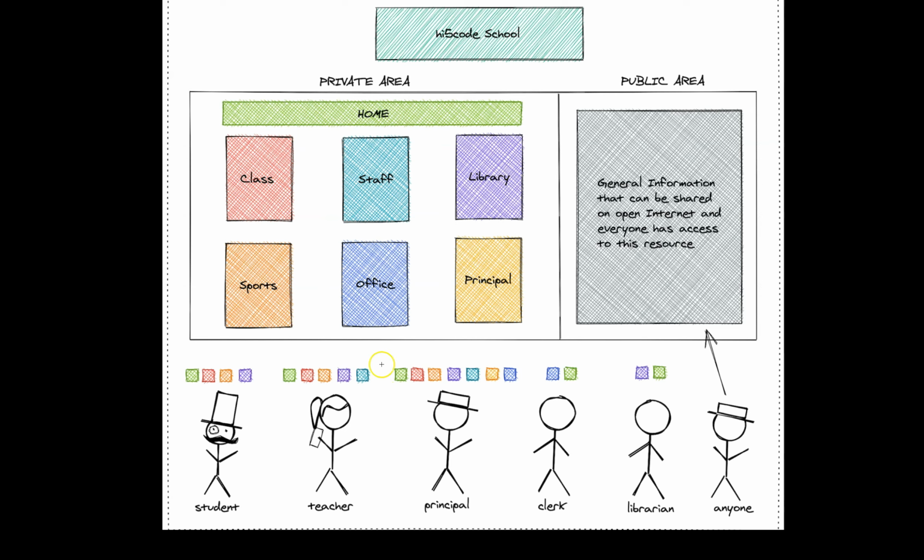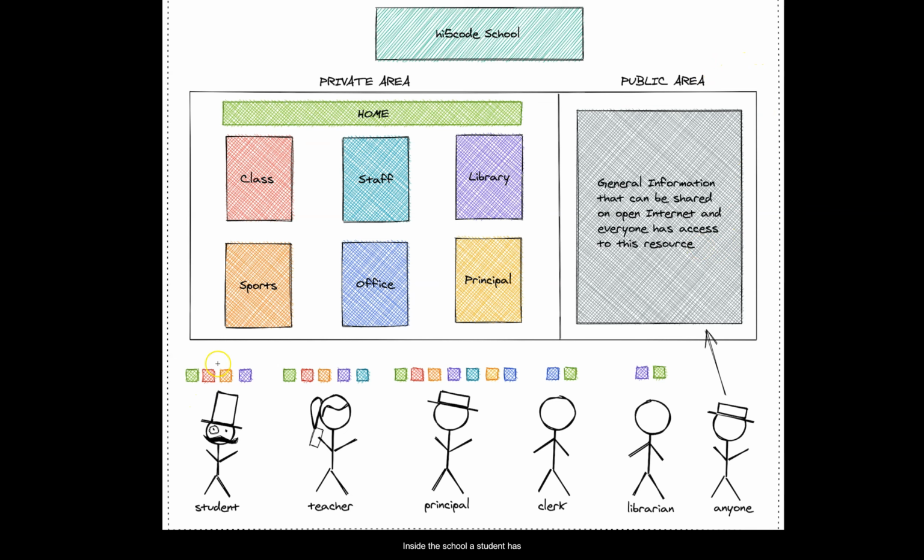So we have an example of a school, and a school has different departments, as well as a public area where it can advertise its information for the general public on the internet. Plus they have some actors inside the school which have different tasks to perform. So let's say that this is the application we will consider for our video today.